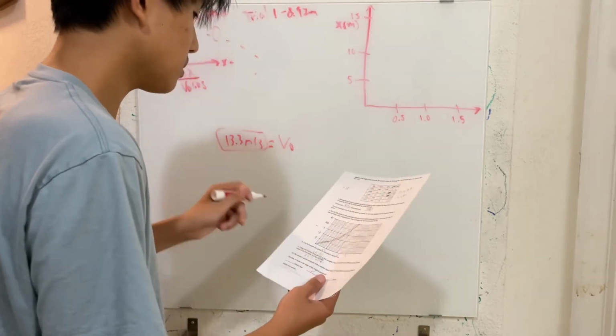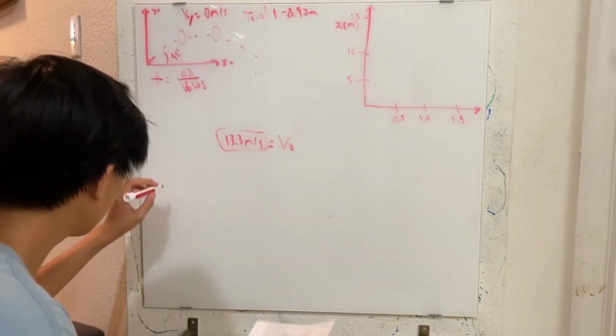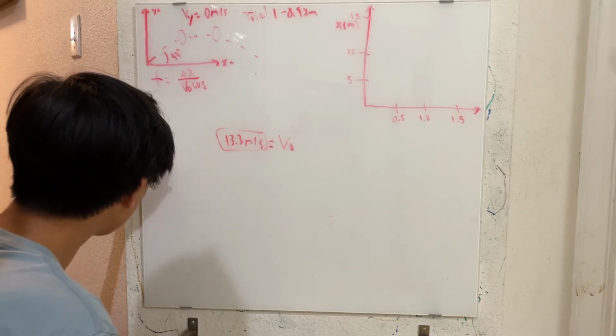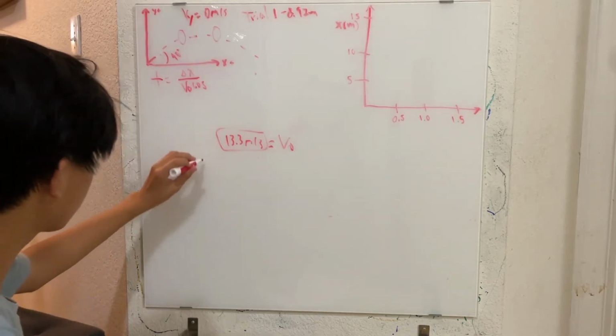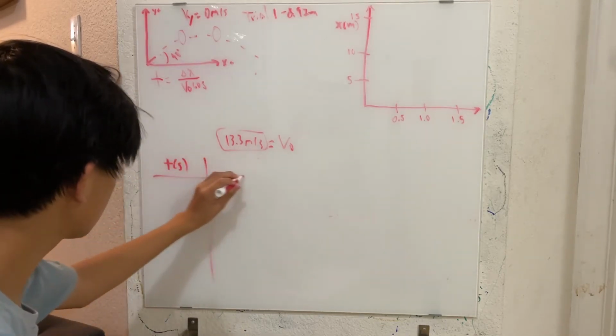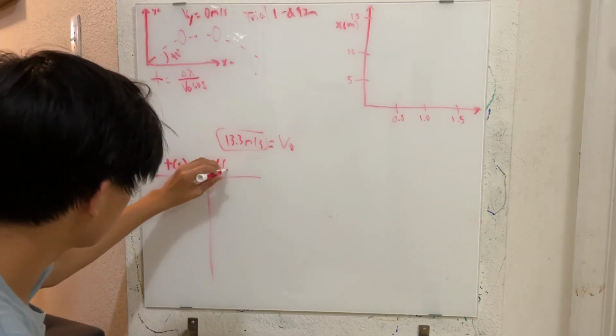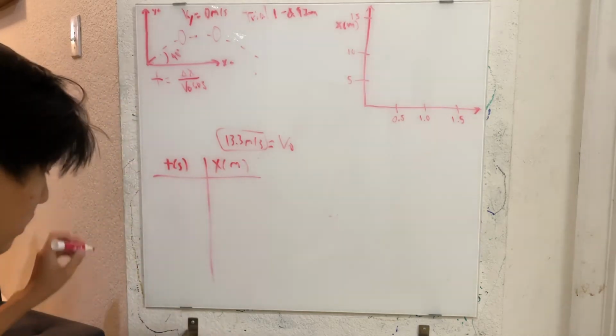So I'm just gonna make a small table. So this is the set of times throughout the launch, and then this is the distance that it traveled in that time.